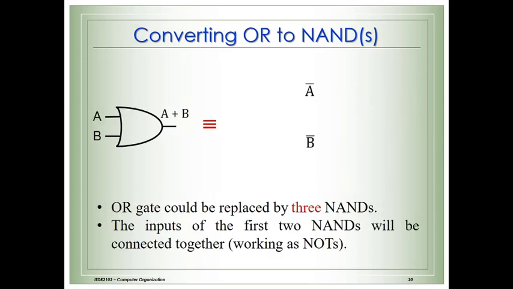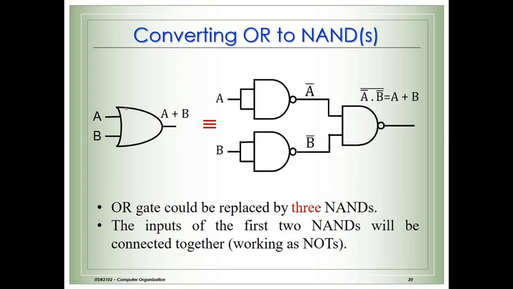Now let's see the OR gate, and how we can convert OR to NAND gates. First take A, with both inputs connected together, and you will get NOT A, because this NAND is equivalent to one NOT. Then another NAND is equivalent to another NOT.